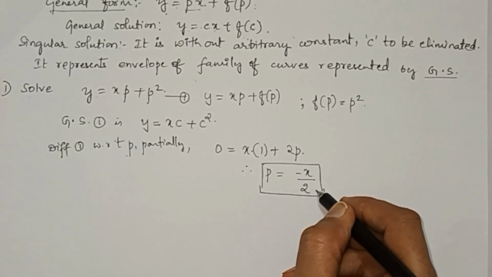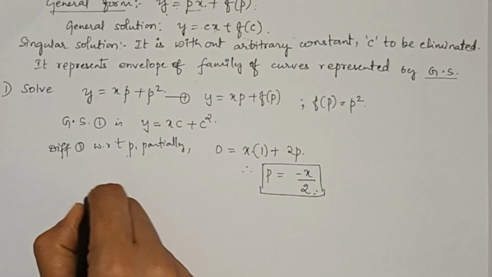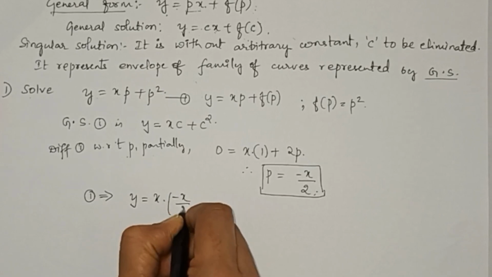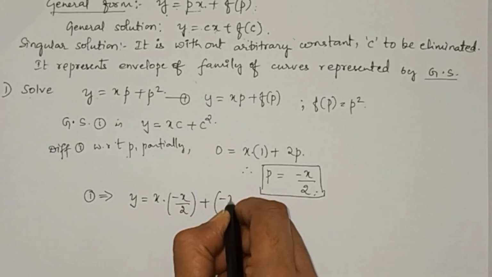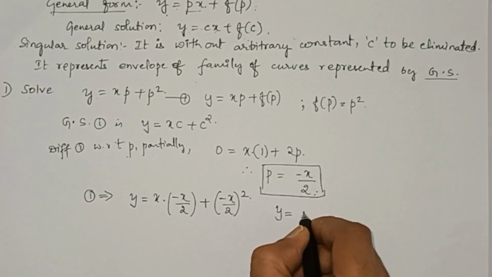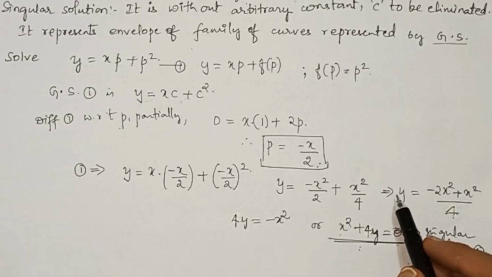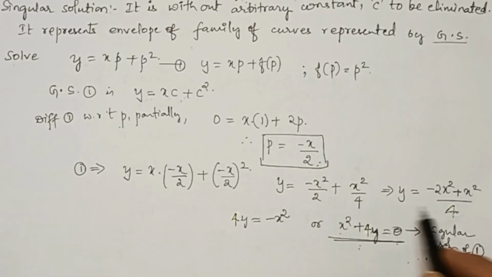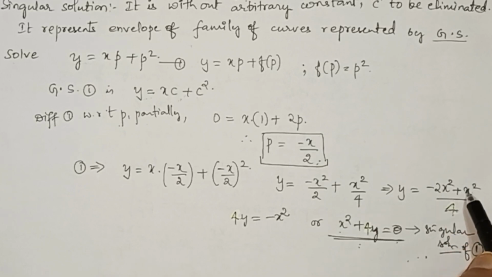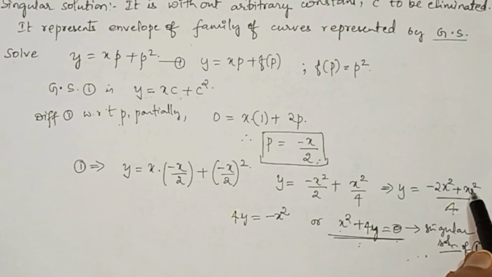Once you got the value of p, you have to substitute back into the first equation. So equation 1 implies y equal to x into minus x by 2 plus minus x by 2 whole square. So that gives you y equal to minus x square by 2 plus x square by 4. So after simplifying this, that is by taking LCM, 4 is the LCM, here you will get minus 2x square plus x square, which gives you 4y equal to minus x square.